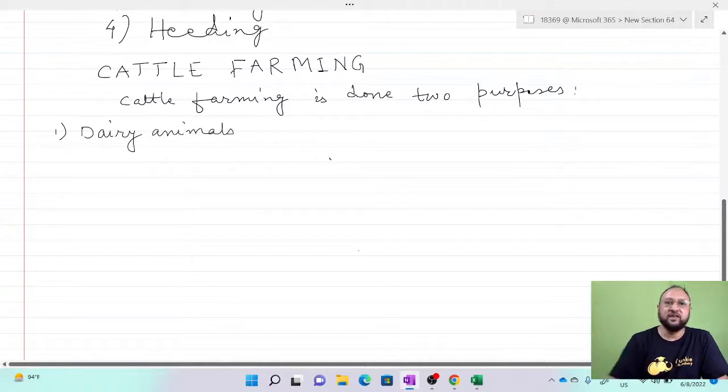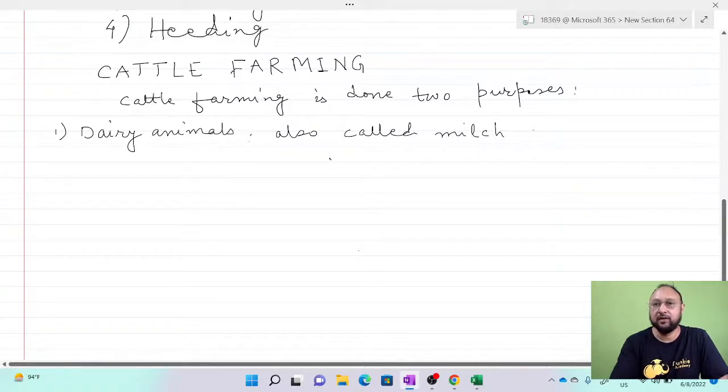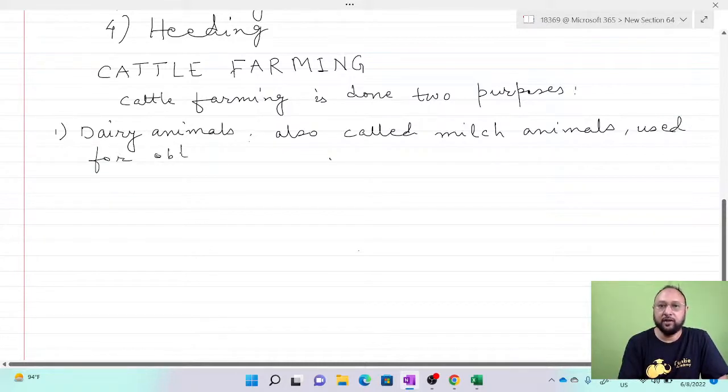These animals are also called milk animals, and are kept for obtaining milk.